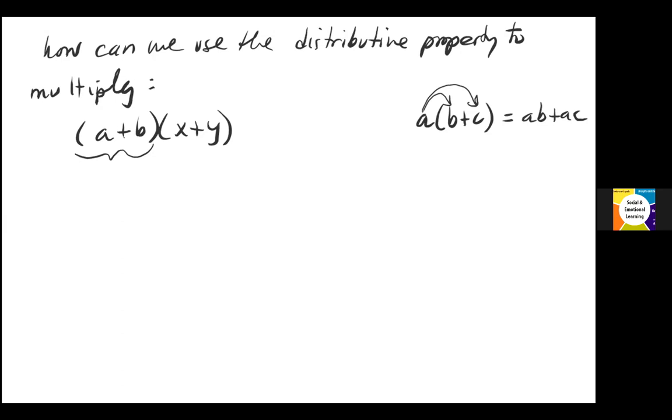What could we write that would be true? Any ideas? What would the distributive property allow us to write if we wanted to expand these brackets?